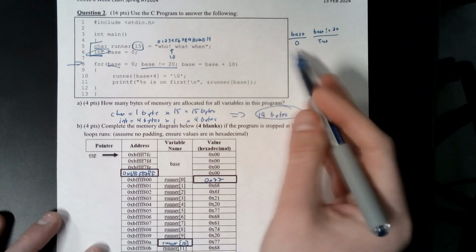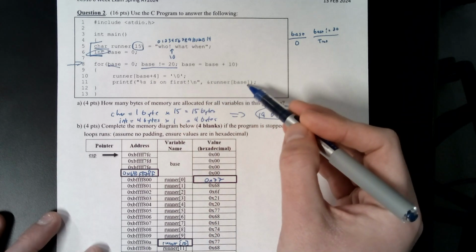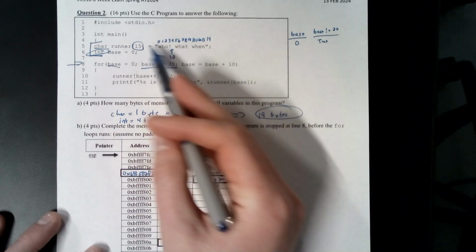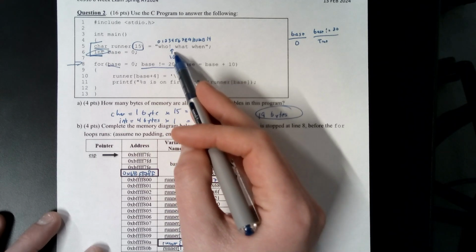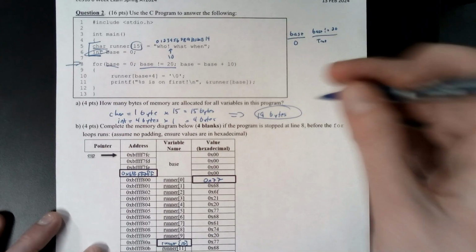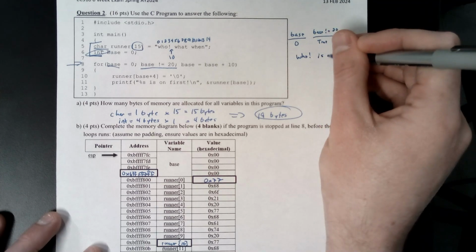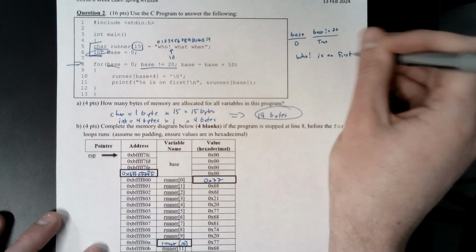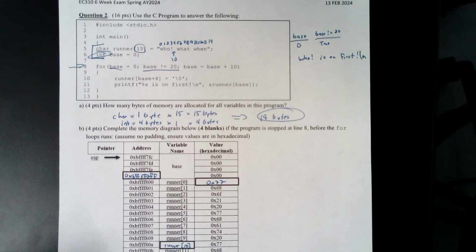Important to note that it's not the plus 4, that didn't change anything there. This is just 0 here. So we're printing from 0, and we're going to print a string, which means we print until we hit a null, which we just inserted one into that string. So we're going to print who is on first. And then we have a \n, so that's not going to be visible, but it's going to go to the next line. So I'll just leave that there to represent what happens.